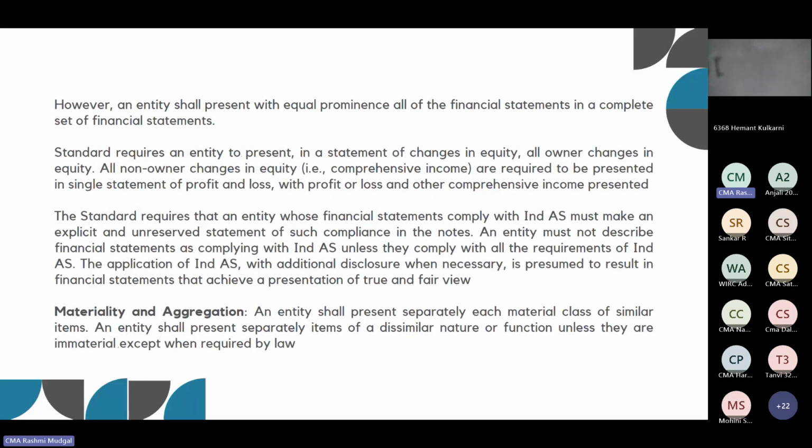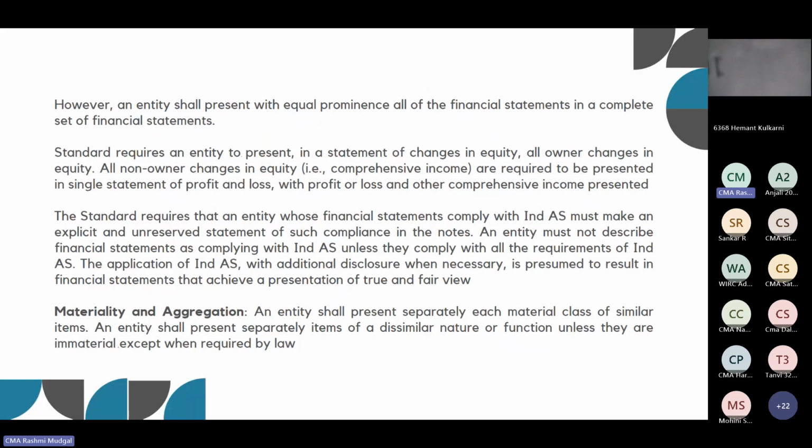However, an entity shall present with equal prominence all the financial statements in the complete set of financial statements. The standard requires an entity to present in a statement of changes in equity all owner changes in equity.